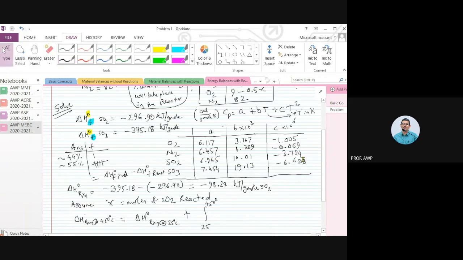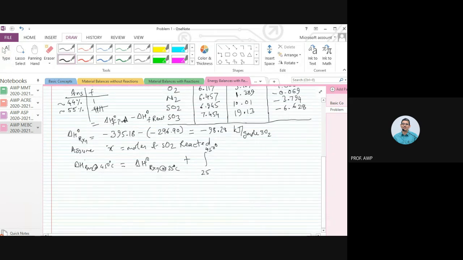Because temperature is given in Kelvin, we convert: the integration would be from 298.15 to 450 plus 273.15, which is 723.15, of Cp of all the products minus Cp of all the reactants, dT.